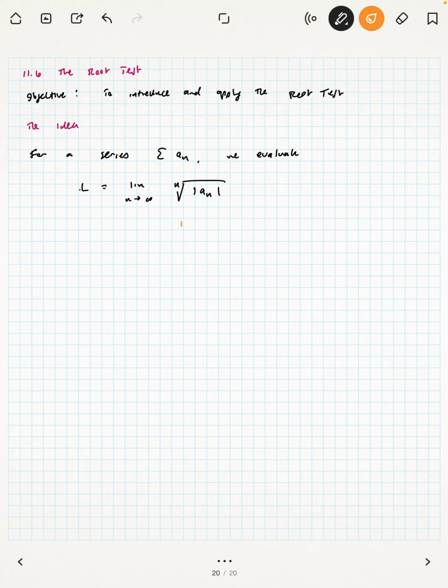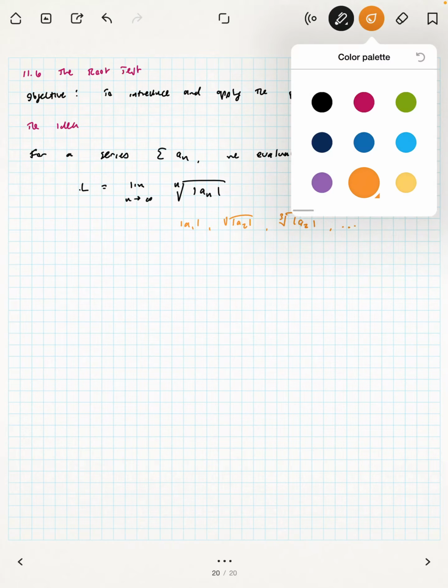So in other words, to think about what we're doing here, we're looking at the absolute value of a sub 1, square root of the absolute value of a sub 2, the cube root of the absolute value of a sub 3, and so on.